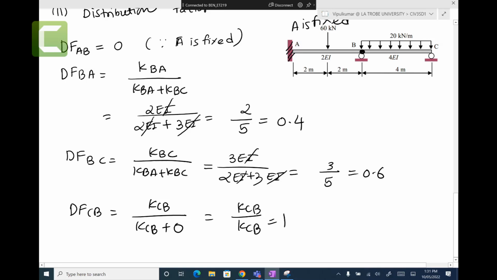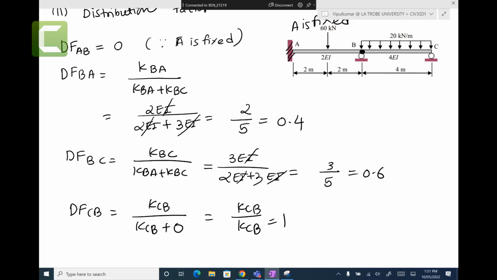Same stiffness divided by same stiffness is 1. So the takeaway message: fixed support, 0 distribution factor; roller or pin, you have a distribution factor of 1. For any internal supports, you do the calculations and you must check that the distribution factors add up to 1. Any question in finding the stiffness and distribution factors? All good. All right, let's continue.